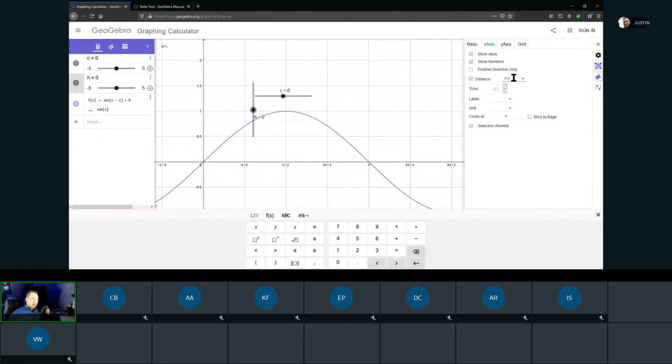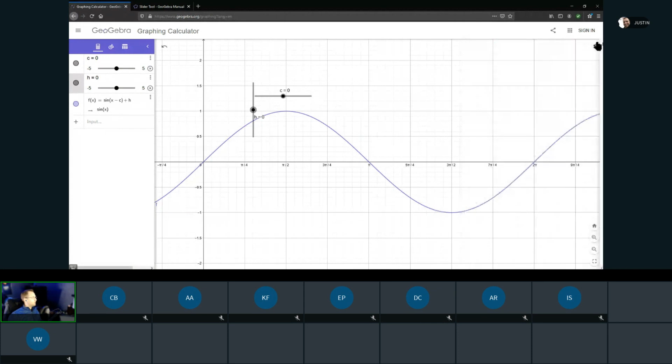You can leave it as pi over 2. It doesn't matter. I just like seeing more tick marks every pi over 4. And then I went ahead and put sliders in mine because it's easier for me to change this. So right now, my h and my c are both 0, and that's why it's y equals sine of x. So this is the parent function.